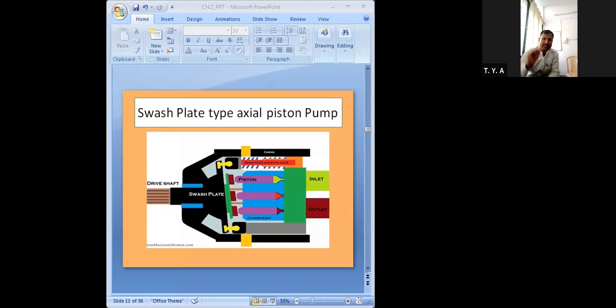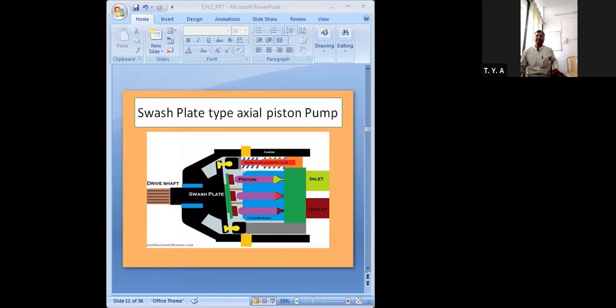As shown in this figure, the rotary drive motion is there, the drive shaft, and in line with that your pistons are connected.